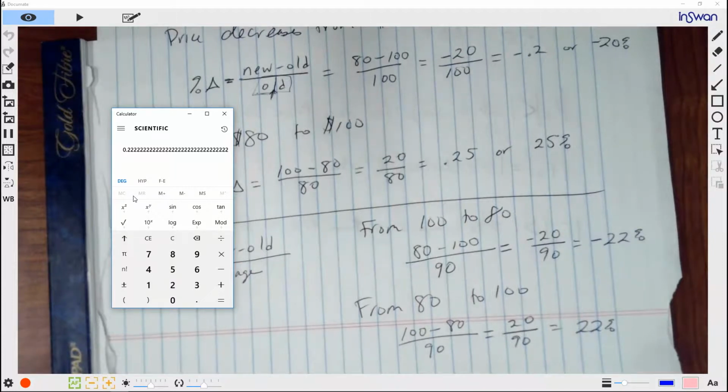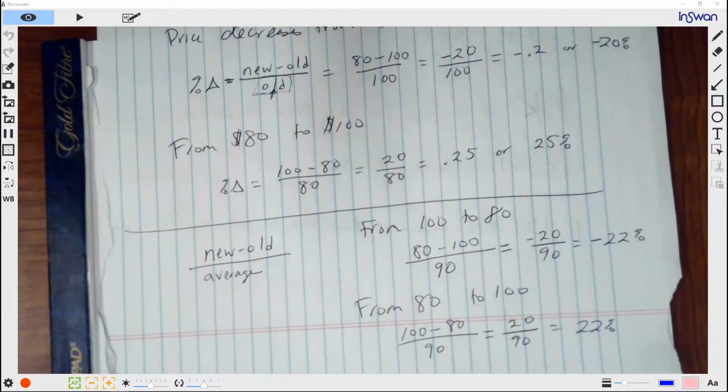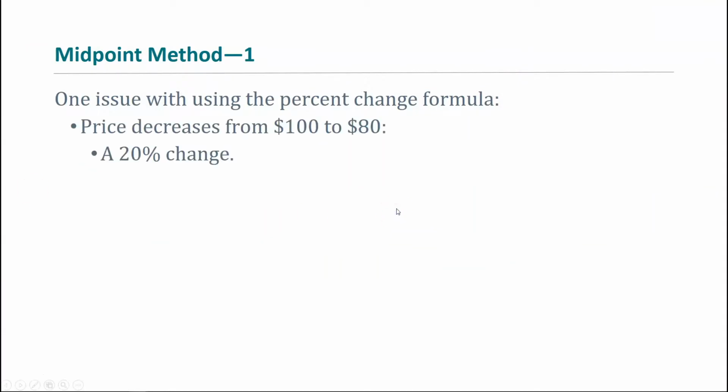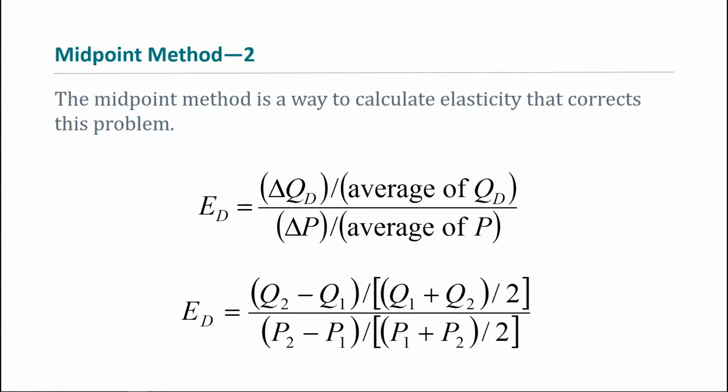This is why we will, instead of using the formula for percent that mathematicians use, use the midpoint method. Right? So the midpoint method is the way to calculate elasticity that corrects that problem, that we get a different number whether we're going up or down.